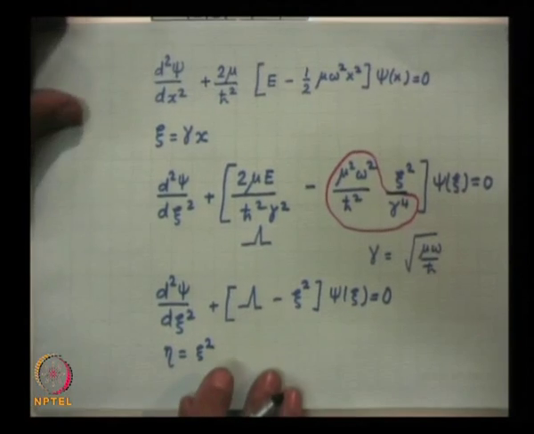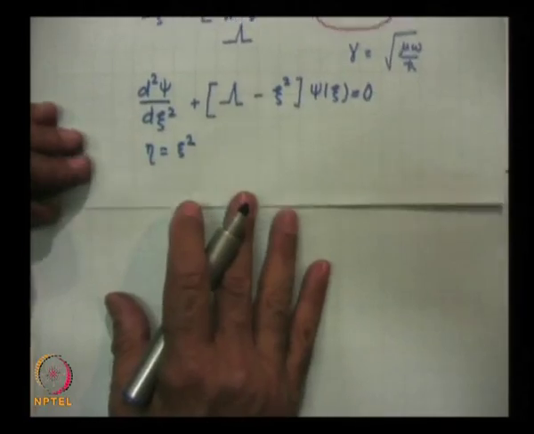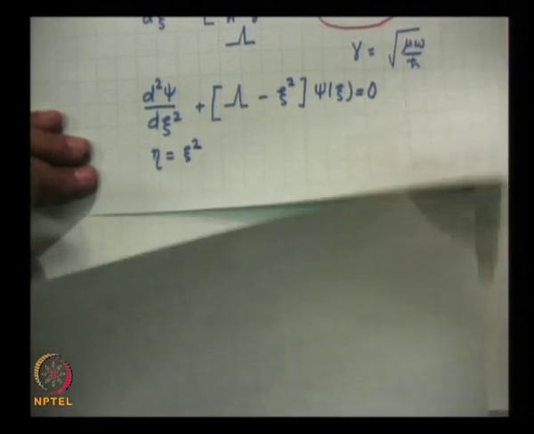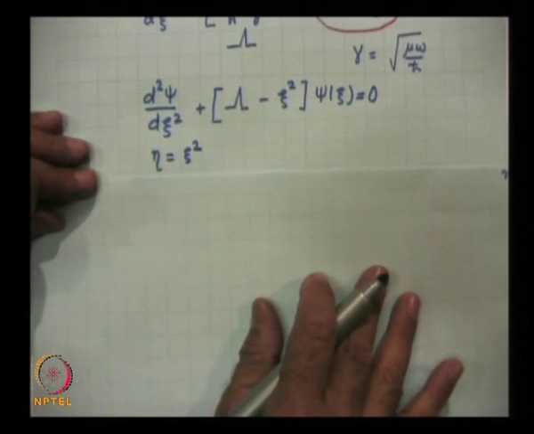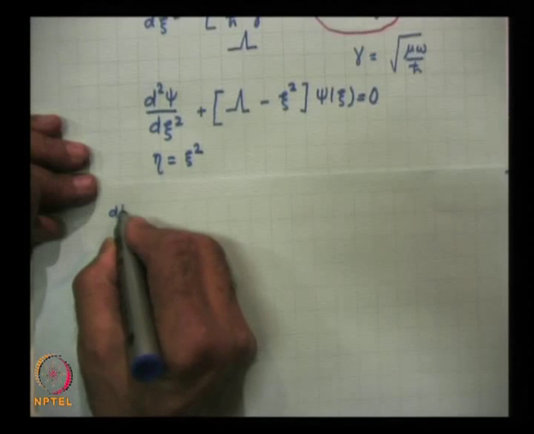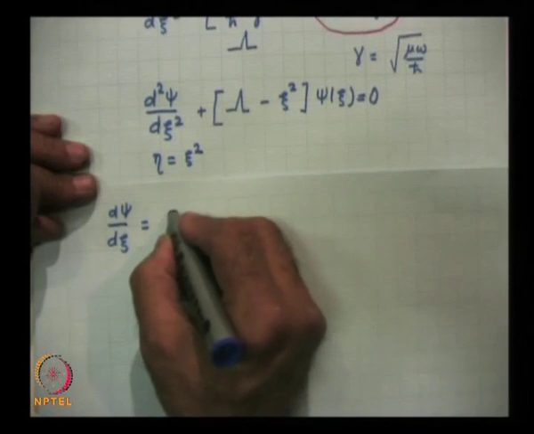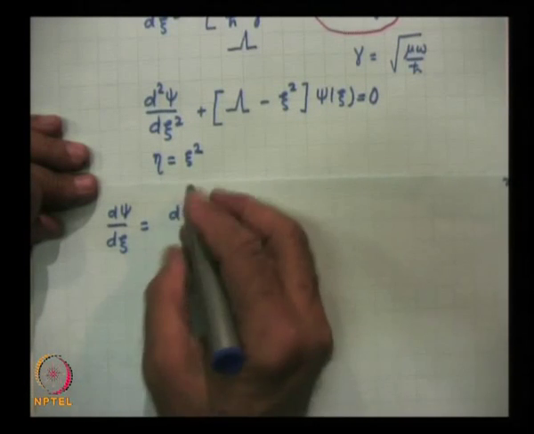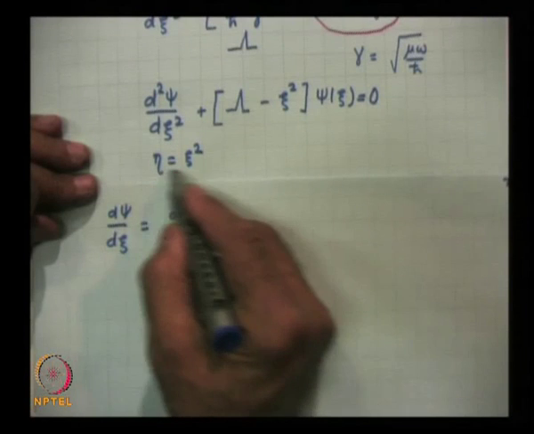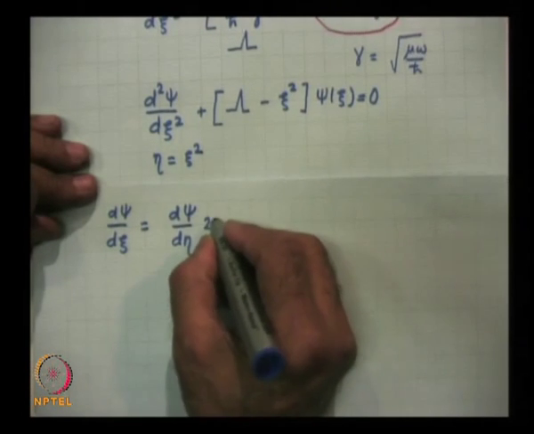If I do that, then I will obtain, please see this carefully, d psi by d xi is equal to, I want to express this in terms of the new variable eta, d psi by d eta times d eta by d xi. So, that is 2 xi.